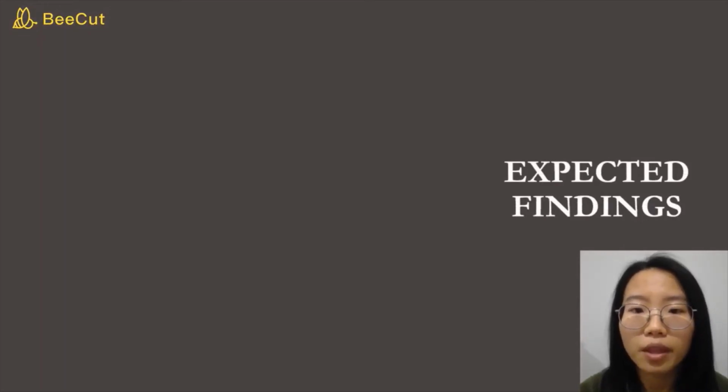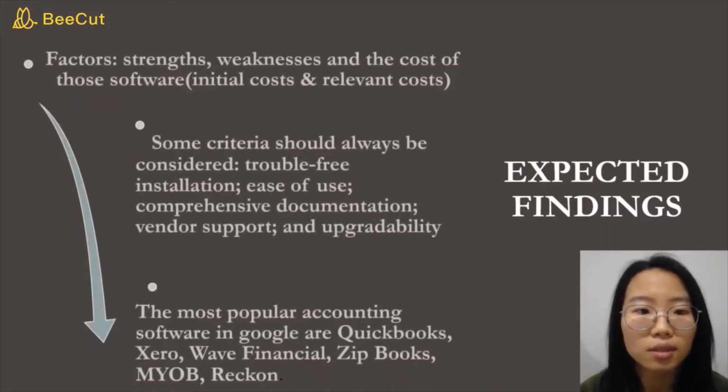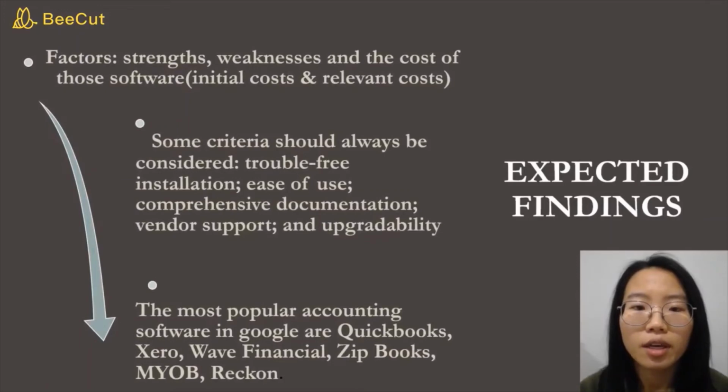Following the research method, let's look at the expected findings of this project. Actually, the accounting software selection process is complex. Because of the large number of choices available, we need to consider the strengths, weaknesses, and the costs of this software.